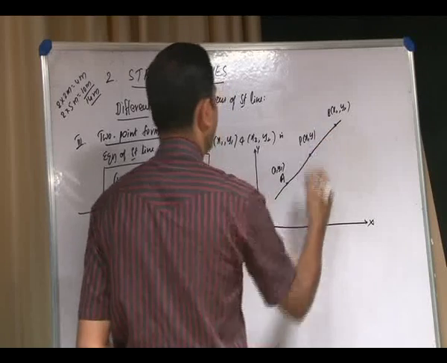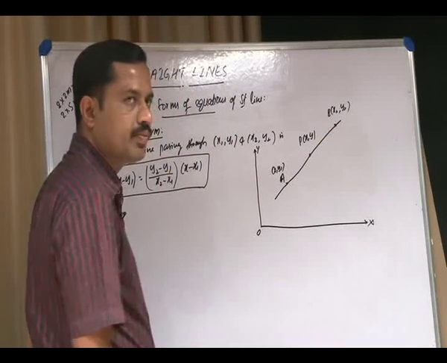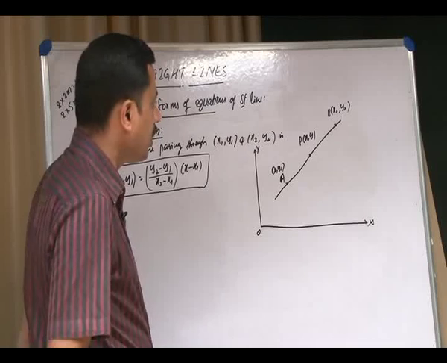To find the equation, let P x comma y be any point on the straight line.